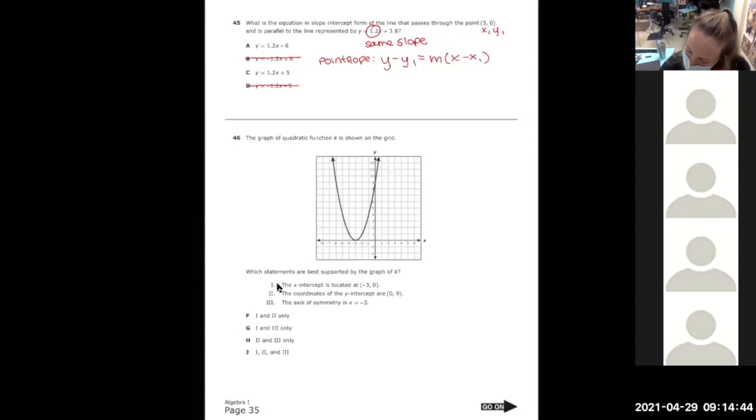And so we know that we're using 1.2 as our m, 5 as our x1, and 0 as our y1. So we've got y minus 0 equals m, which is 1.2, times x minus x1, which is 5.